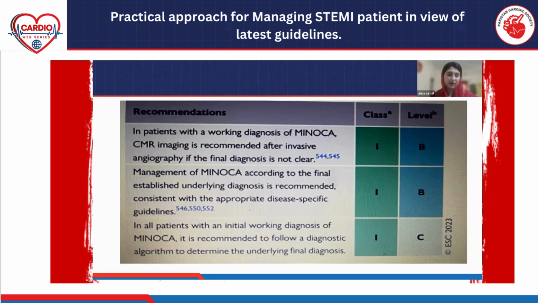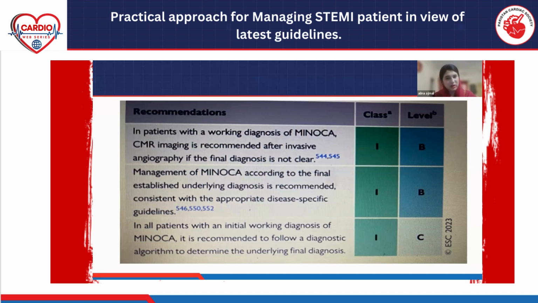CMR, cardiac magnetic resonance imaging. If the CMR tells you that the patient has some type of disease, manage the patient according to what the CMR is suggesting, consistent with the appropriate disease-specific guidelines.